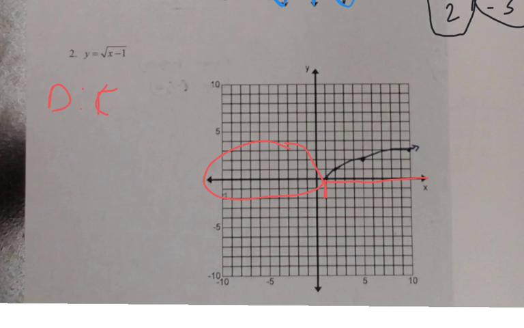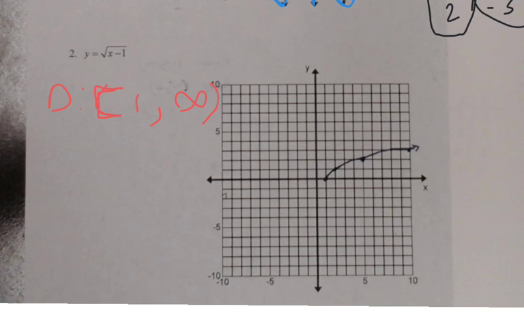You get [1, infinity), because it starts at x equals 1 and extends indefinitely to infinity the other way.